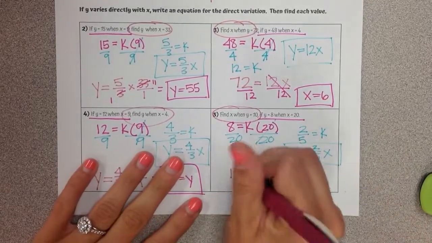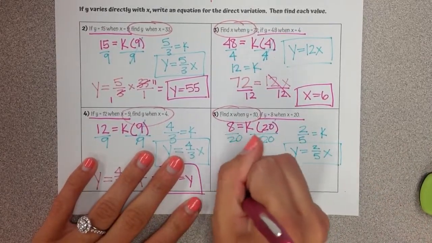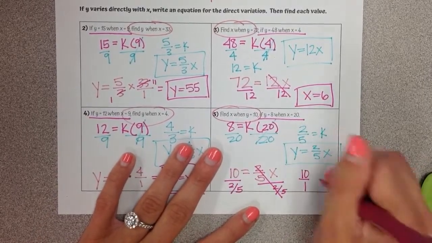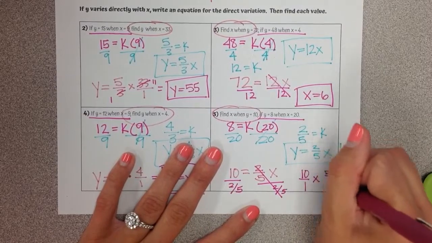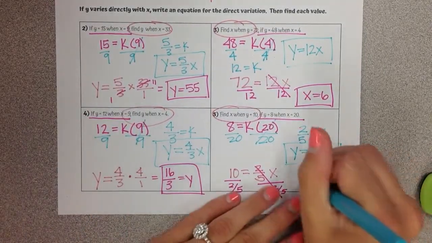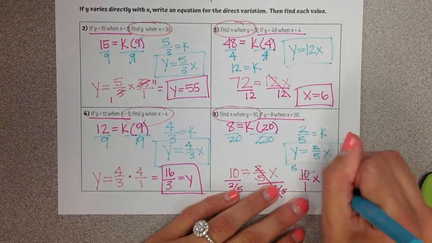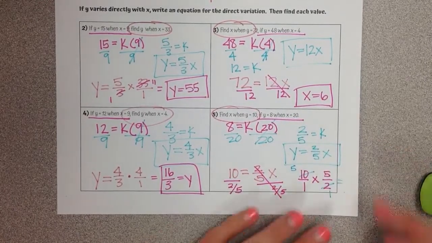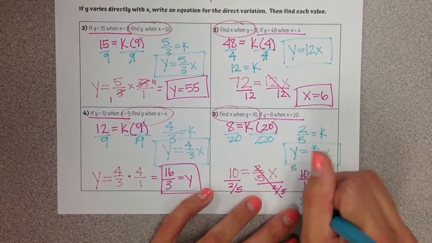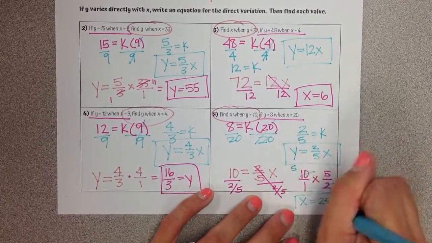It'll cancel there, and over here we're dividing by 2/5. So 10 over 1 divided by 2/5 would be multiplying by its reciprocal. I'm going to simplify and multiply across. I get 25 over 1, or 25. So x equals 25.